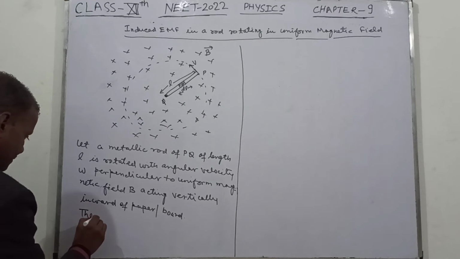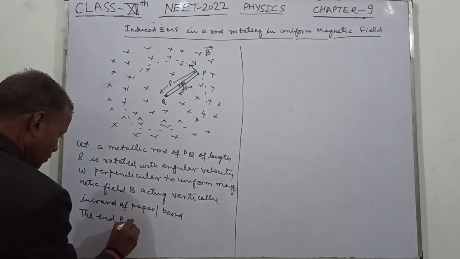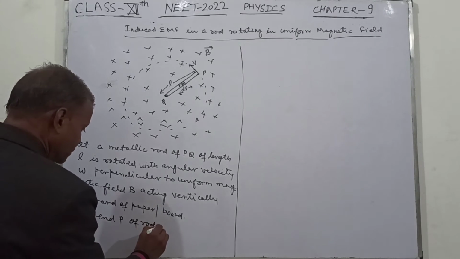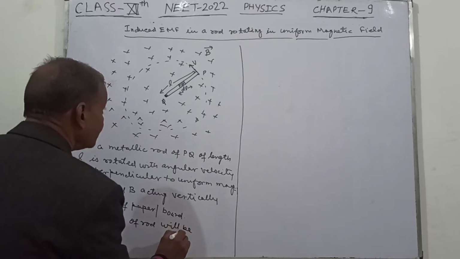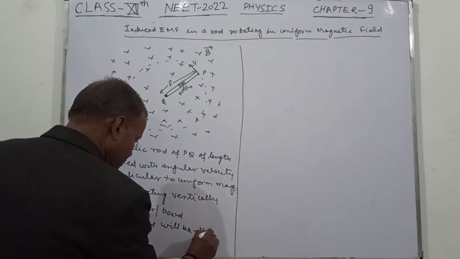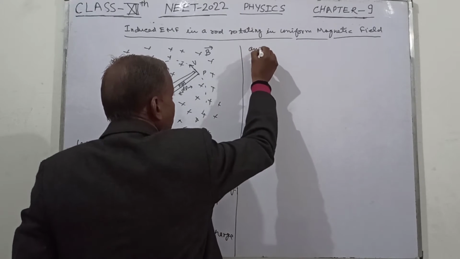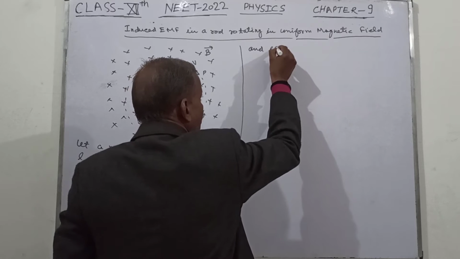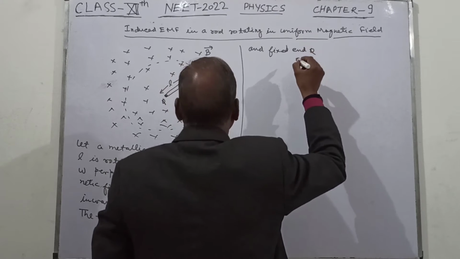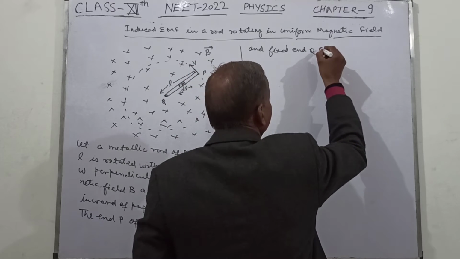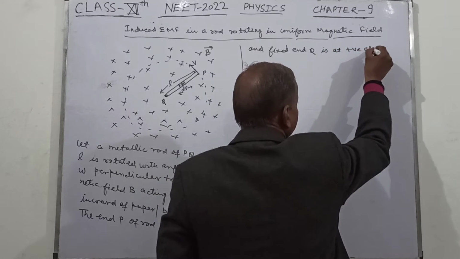The end P of the rod will be negative charge, and Q, which is fixed, is at positive charge.